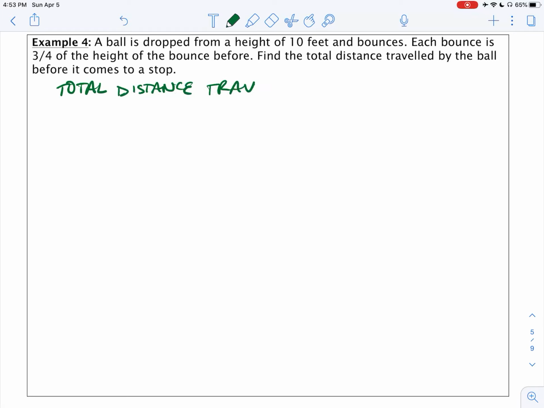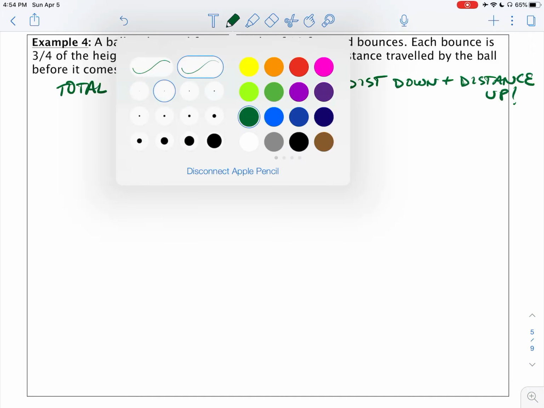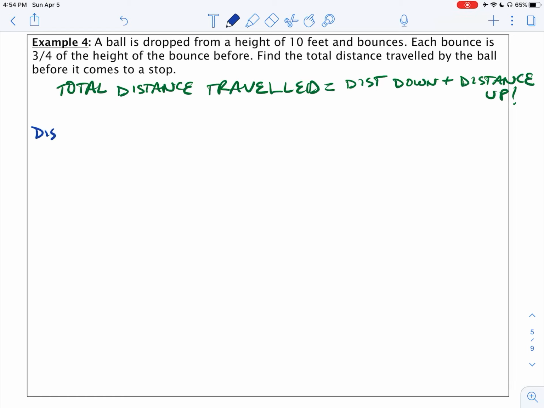traveled is going to be the distance down plus the distance up, right? And so the distance down here is going to be the first initial 10, right?